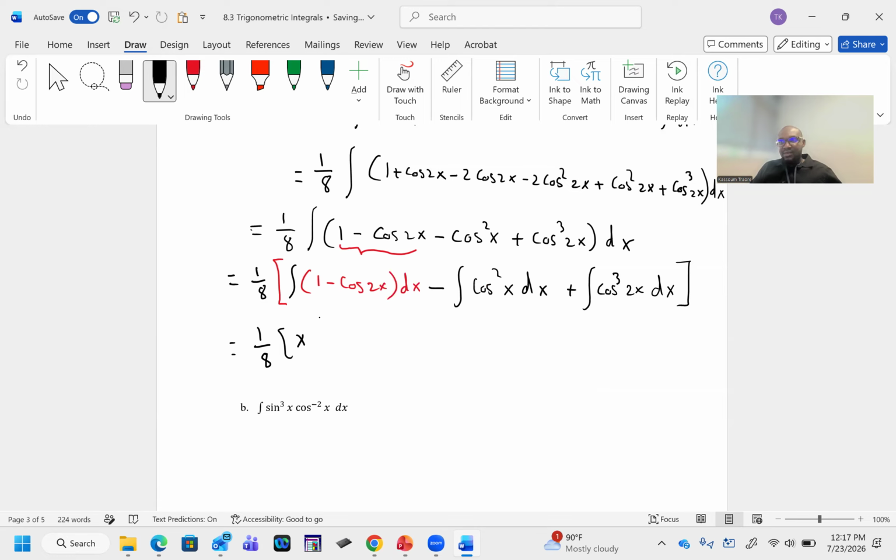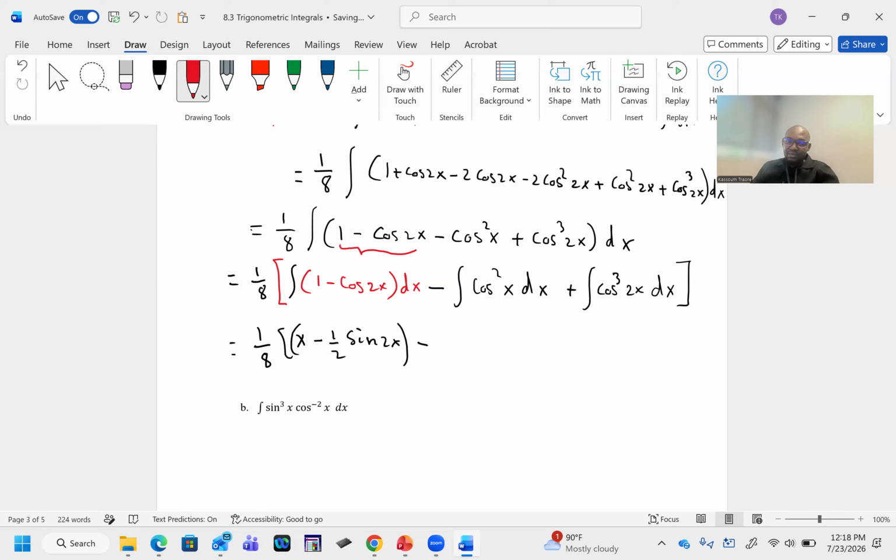And the antiderivative of negative cosine of 2x will be negative 1/2 sine of 2x, small parenthesis, minus, we can use half angle formula for this one right here.